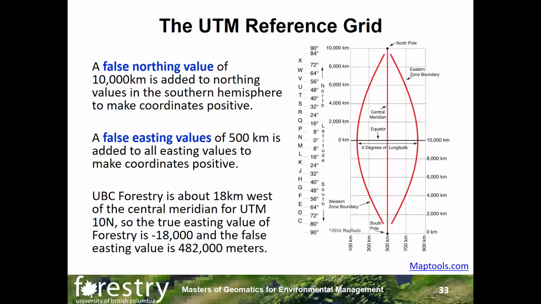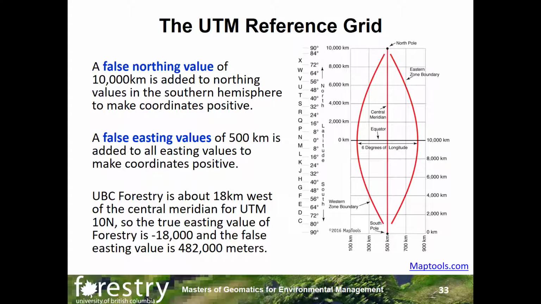So the distance between the north and south poles is approximately 20 million meters, as we saw from the calculations of Eratosthenes. Now we take half of that value, 10 million meters, and we add it to all of the coordinate values in the southern hemisphere. This has the result of producing UTM coordinates in the southern zones that are always positive.